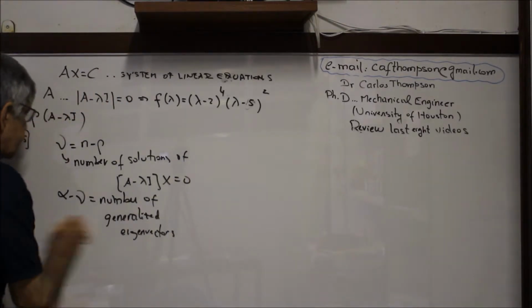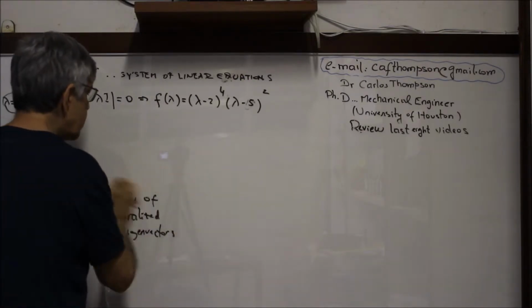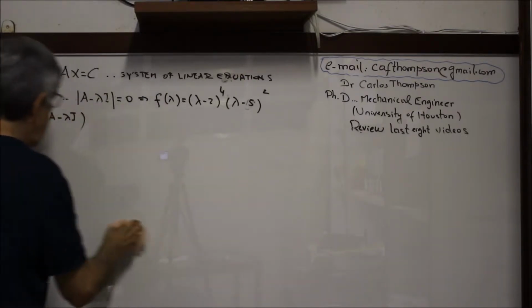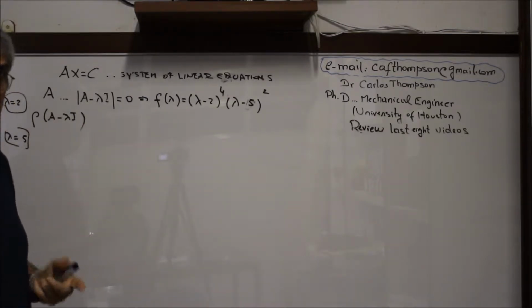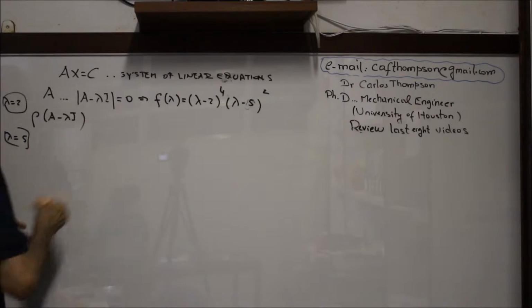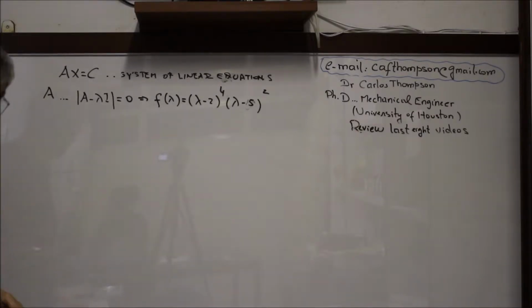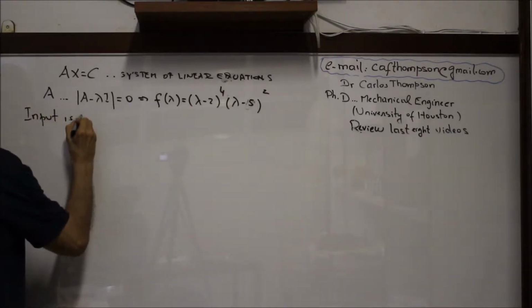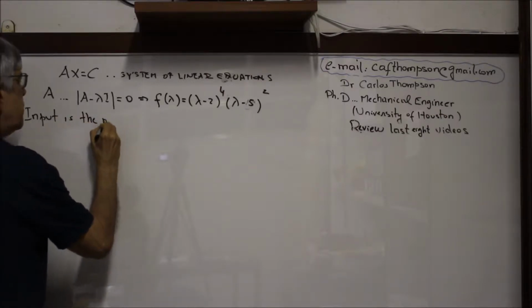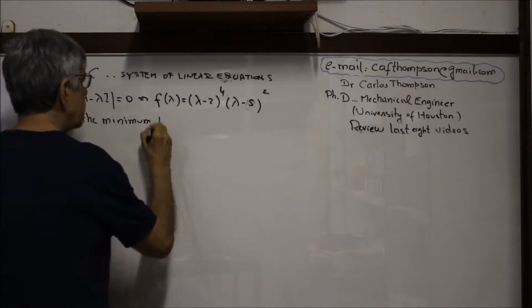Now, in this video we are doing just the opposite. From here, we obtain the minimum polynomial. In this video, let's suppose the input is the minimum polynomial.